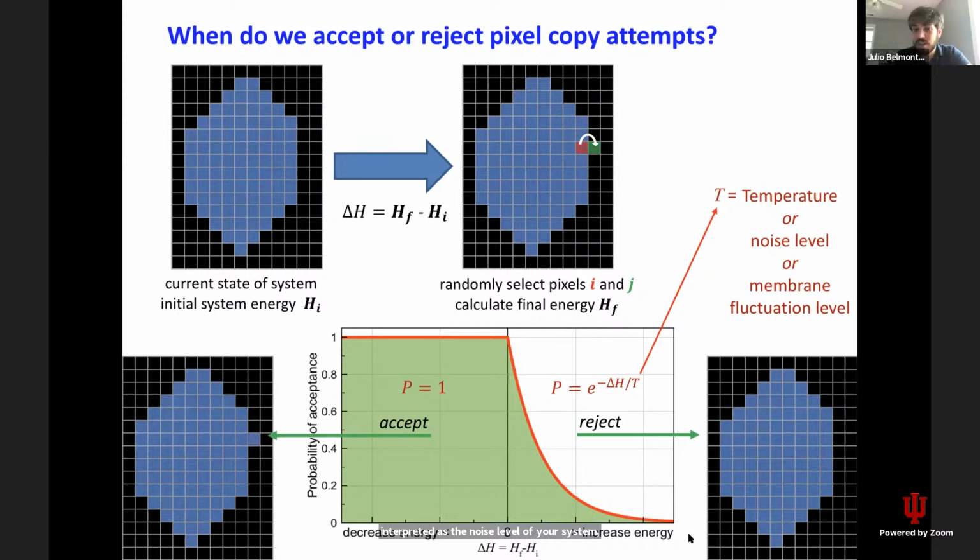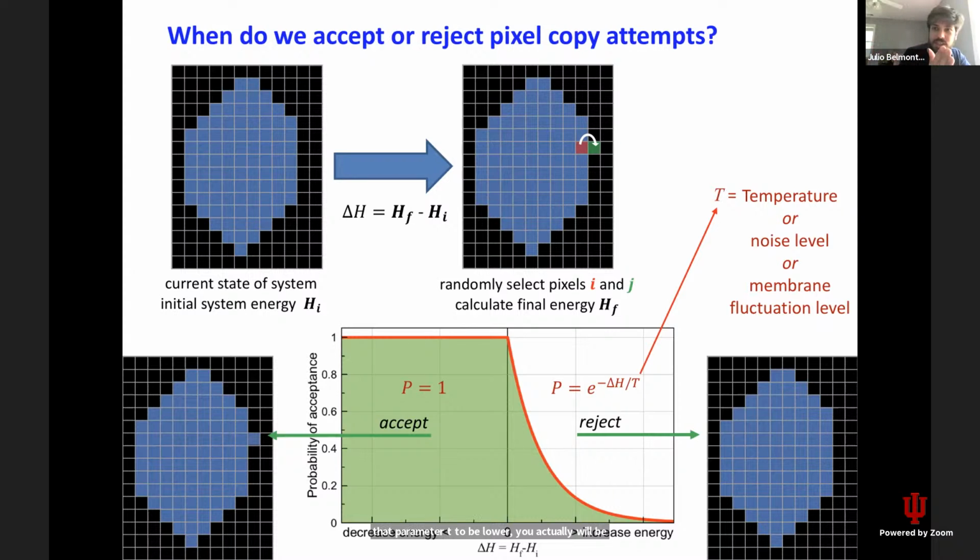The bigger this value, the more pixel flipping events that drive up the energy you accept. So the cell has more freedom to change its shape before minimizing its energies. But if you make that parameter T lower, you'll effectively only be accepting pixel copies that minimize energy.